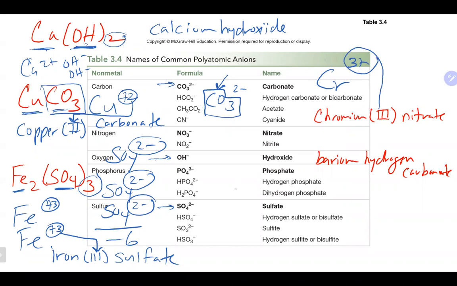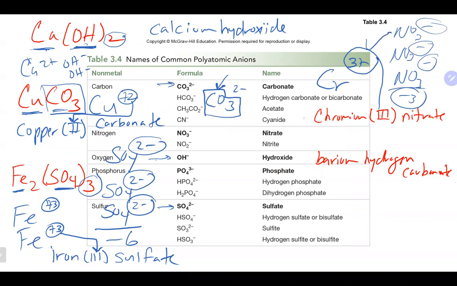Nitrate from our table here is NO3 minus. Do I need more chromium or more nitrate to get to 0? I need more of the nitrate to get to 0. I need 3 of them, right? Because if I put another couple in there, that is -1, -2, -3, which balances out the +3.